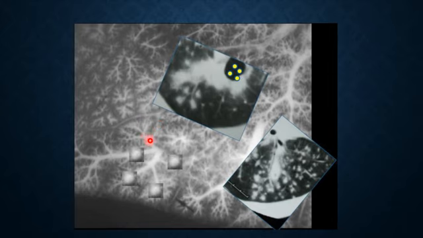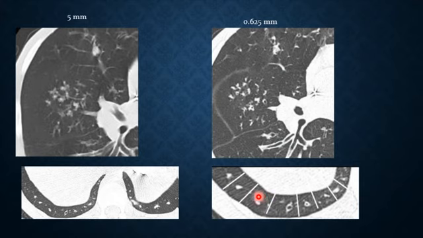It's a polygonal space that contains a terminal bronchiole with multiple alveolar sacs or alveoli, and when this is filled with any material, whether fluid, blood, inflammatory, malignant cells, this will lead to this appearance of centrilobular nodules or the acinar rosettes.